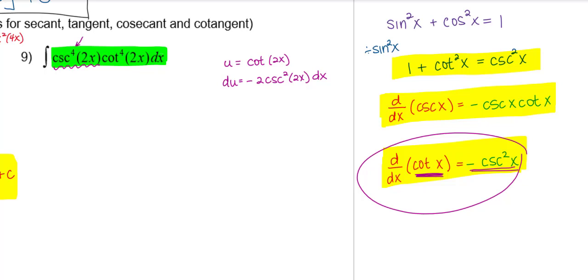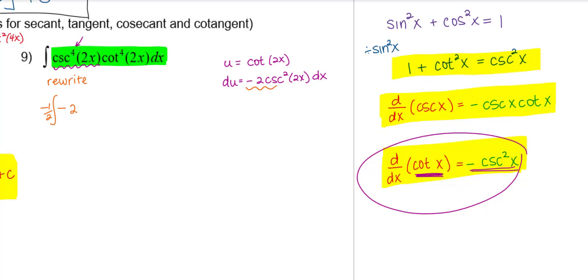Now I'm going to rewrite my original integral. I can put a negative out and a negative in. Also, I can put a 2 in as a factor, and I'm going to multiply by 2 if I put that factor of a half out, because negative half times negative 2 is just positive 1.